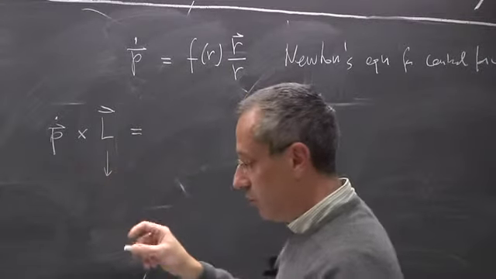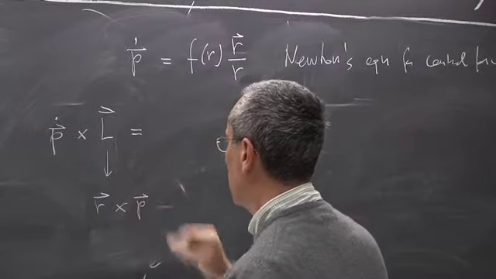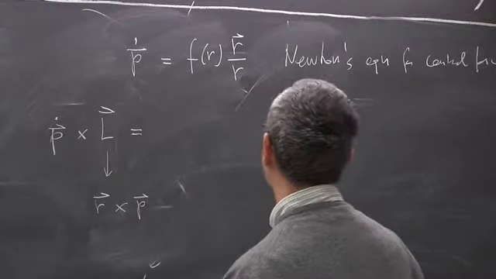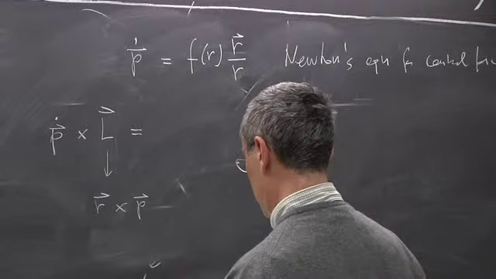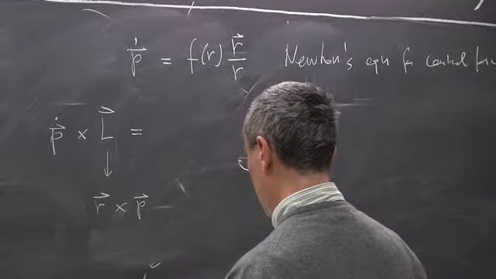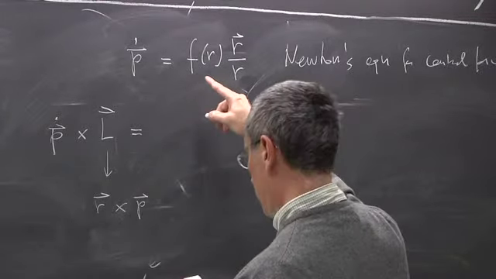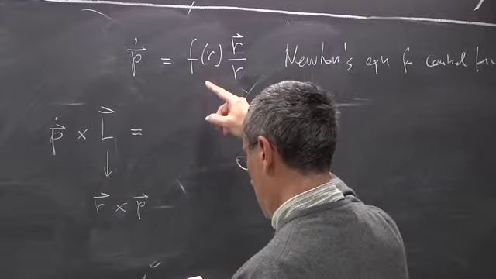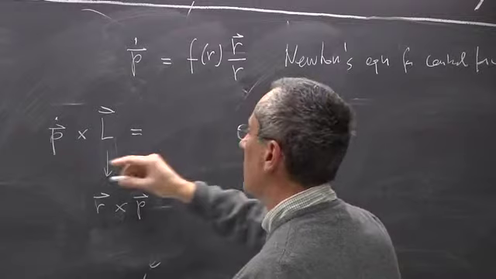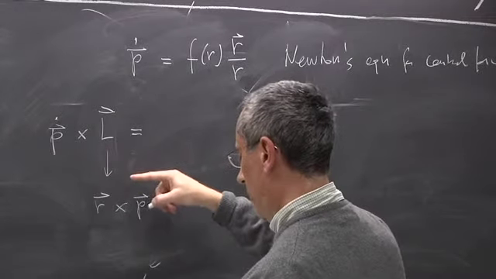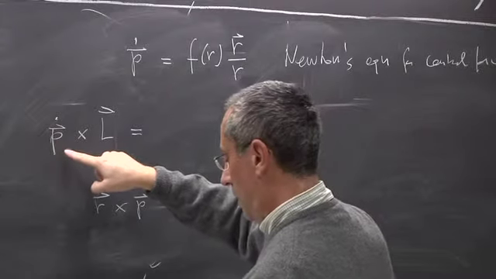This, by definition, is just r cross p, right? So let's just do it. Okay, no, let me rewrite it. So I have, so this is m, right?